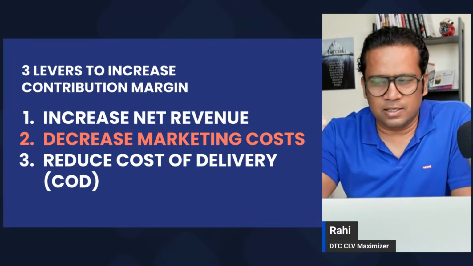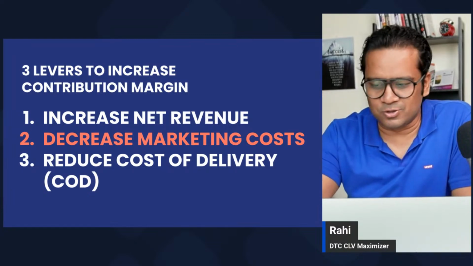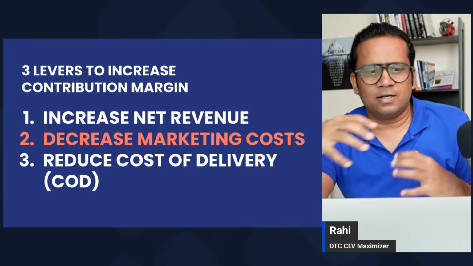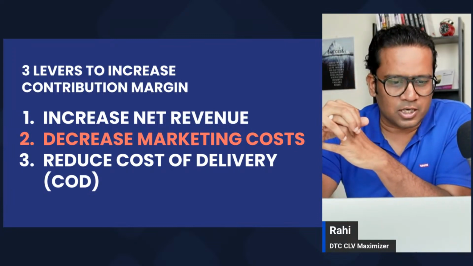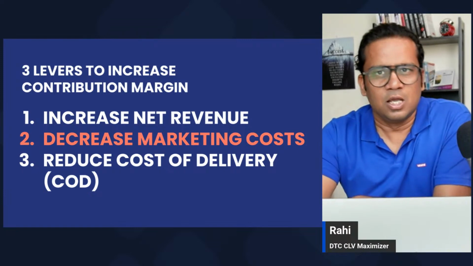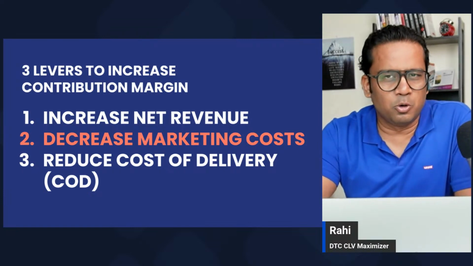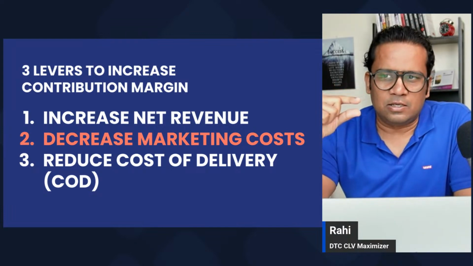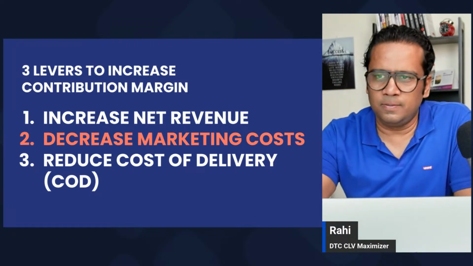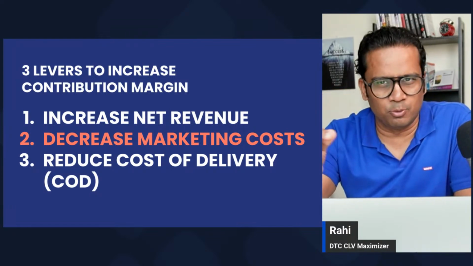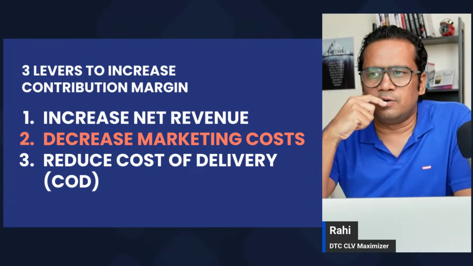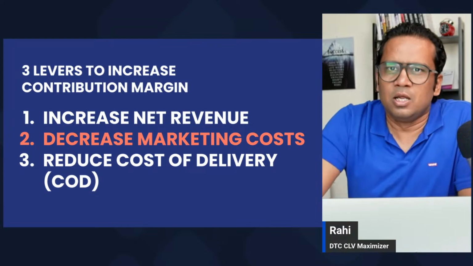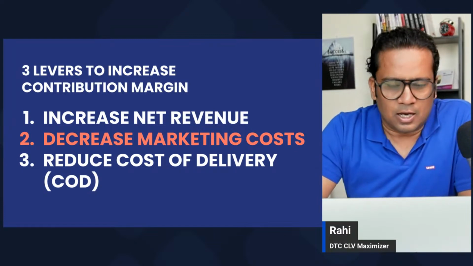It's not that you stop ads and stop everything; the idea is to decrease the marketing cost in the metric. The third is reducing cost of delivery, which includes your fulfillment cost and your COGS, because that's the minimum you need to get the product to the customers.